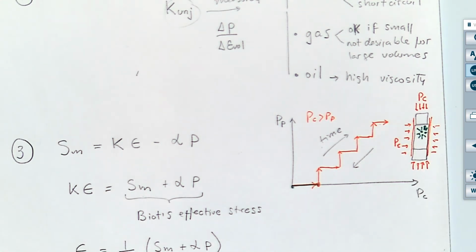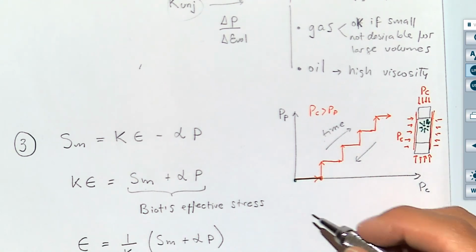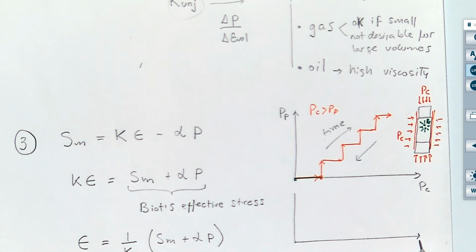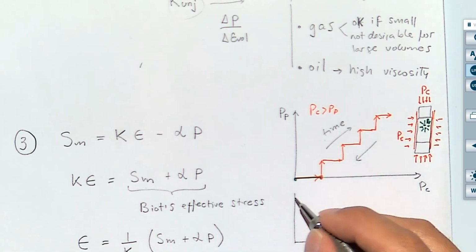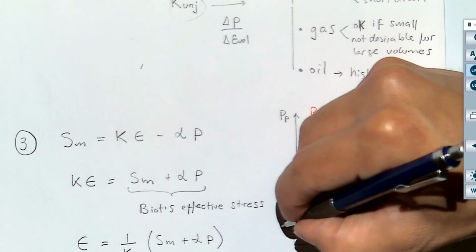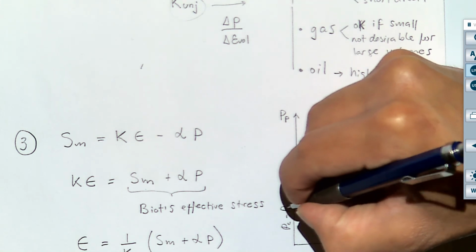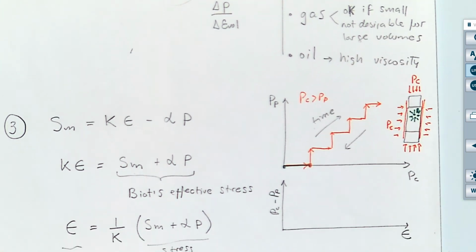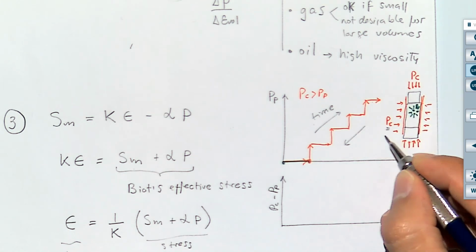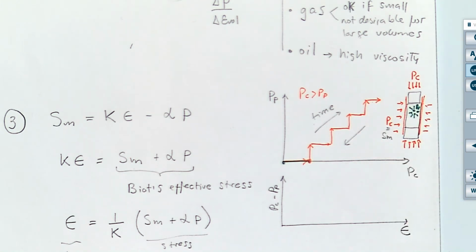So if you do this type of test, then you can plot volumetric strain, and you can plot here PC minus PP, where notice that PC in this case is the same as the total stress, the outside stress.